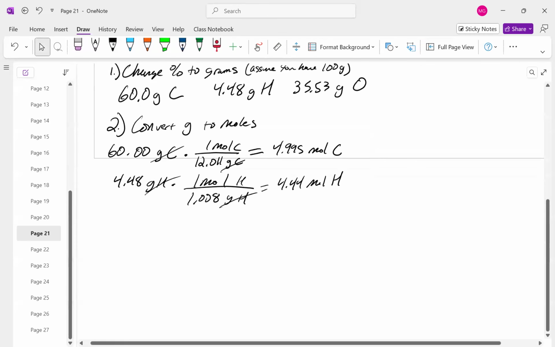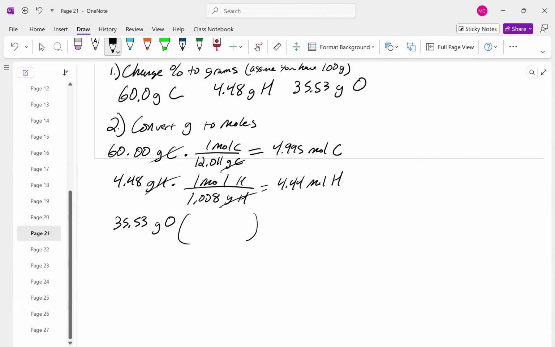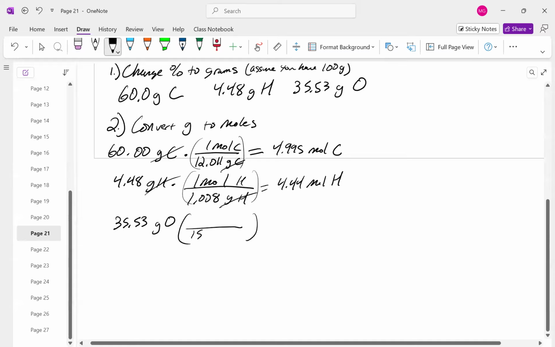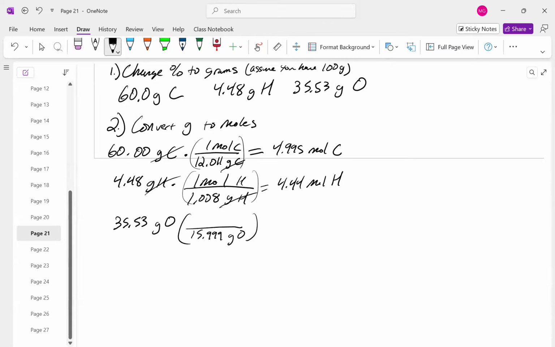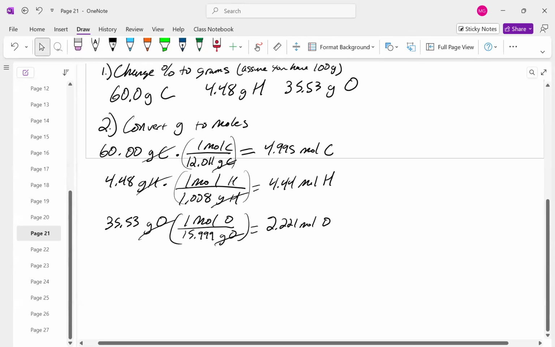And I'll do this one more time for oxygen. So the molar mass is 15.999 grams of oxygen in 1 mole of oxygen. And that's step 2.